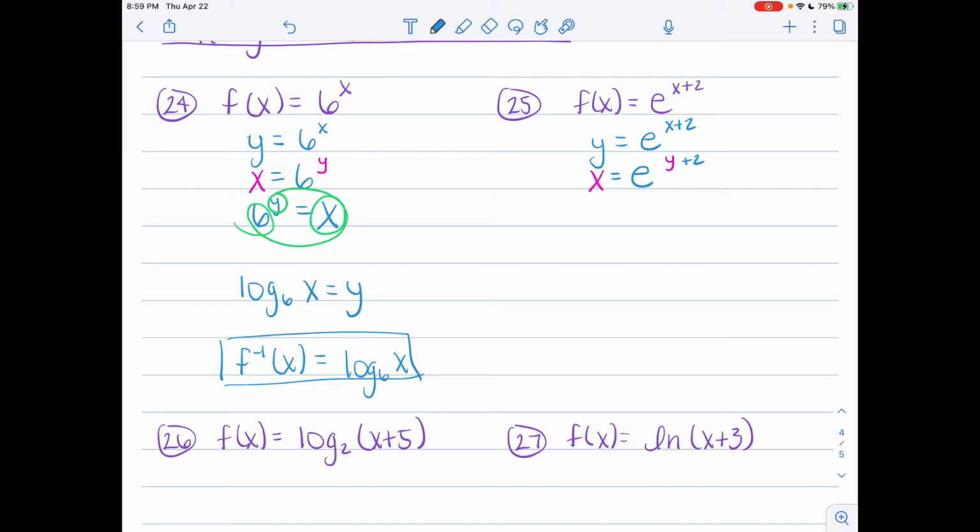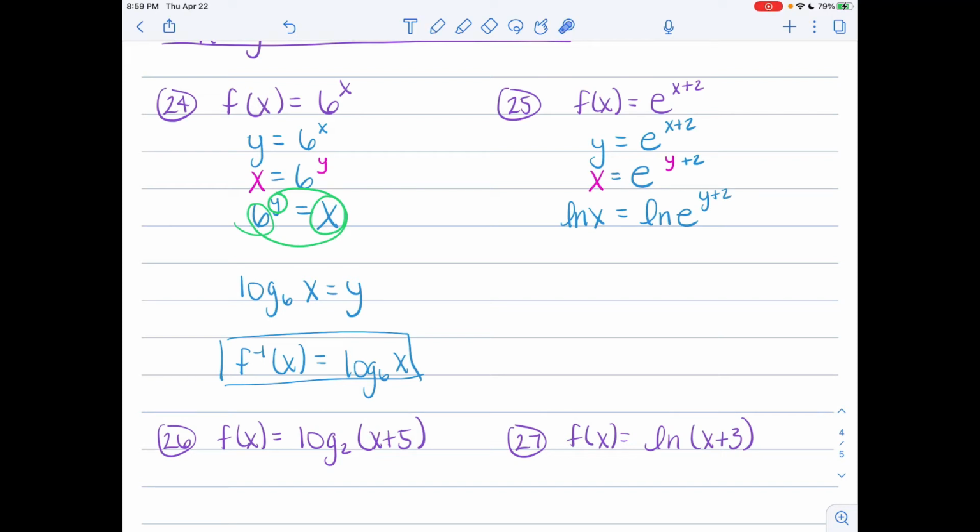All right, how do I undo an e? Well, with a natural log that has a base of e. So I want to natural log both sides. I know that sounds a little weird, but that's what we're doing. So I'm going to say natural log of x is equal to natural log of e raised to the y plus 2 power.